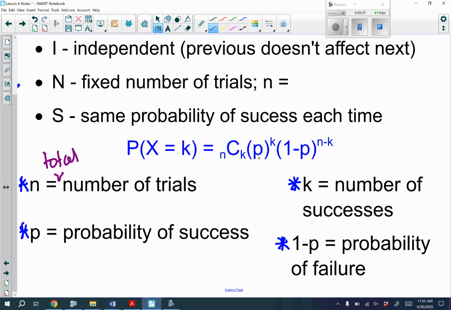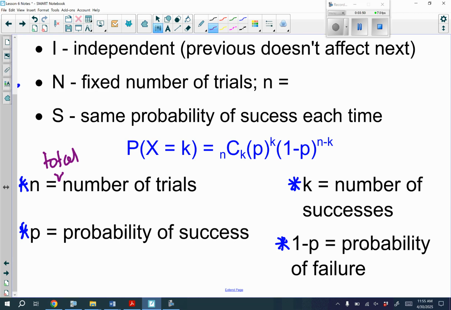So in our last example with the penalty kicks, our P would be 0.7 because that was the probability of getting a penalty kick. K is the number of successes. So like for example, K could have been 5 or it could have been 4. So we talked about how we could get all 5 penalty kicks or if we got exactly 4 out of the 5. So we could have done 4 or 5 as our K value.